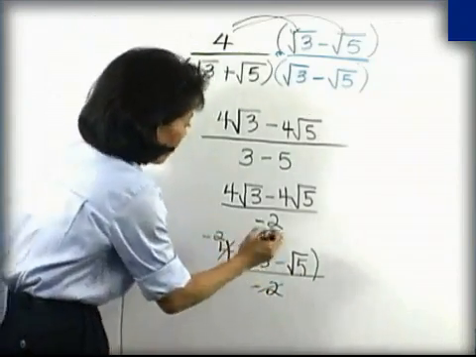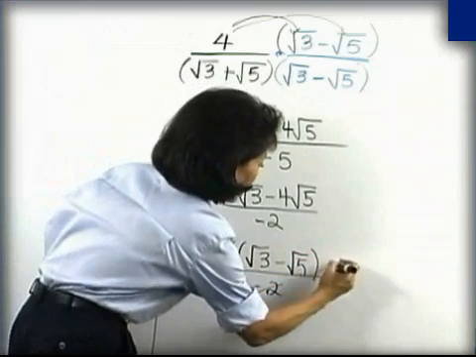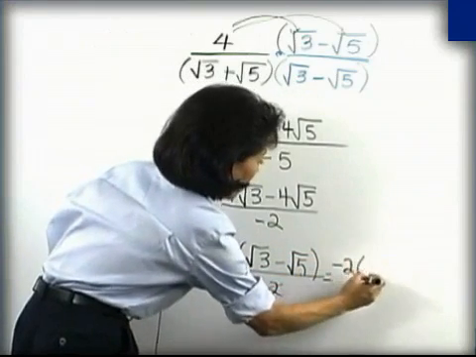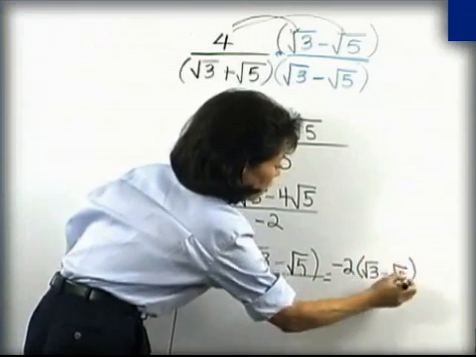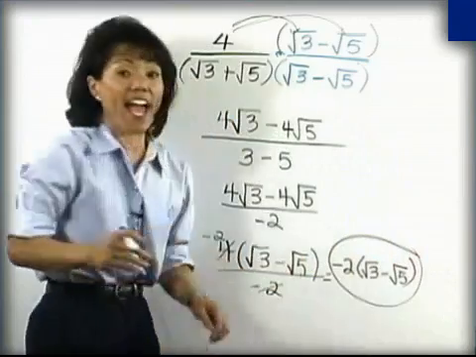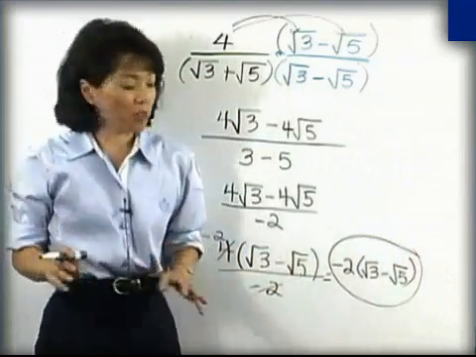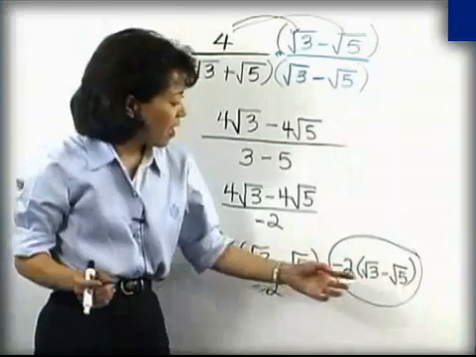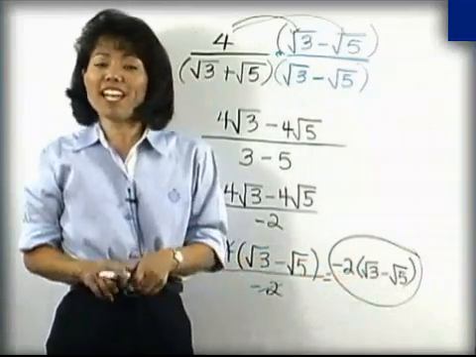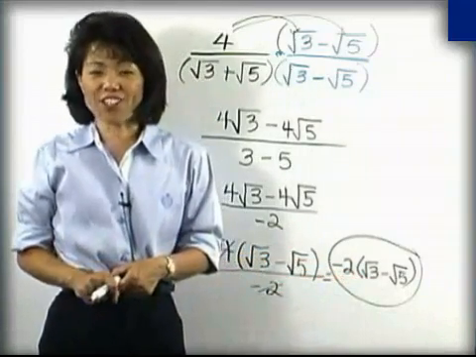So that tells us then that our final solution is negative 2 times the square root of 3 minus the square root of 5. And notice we achieved our goal, and that is we eliminated any radicals that were in our denominator.